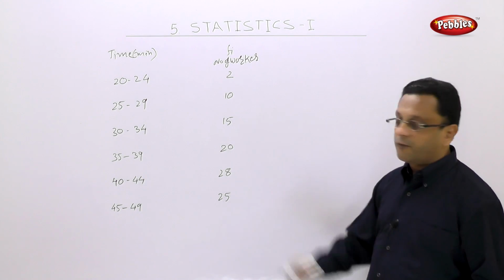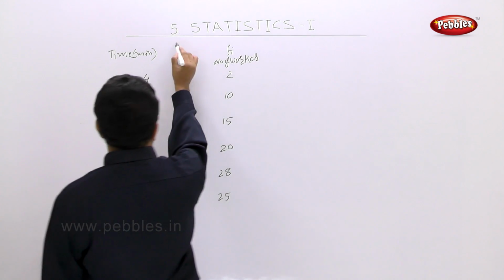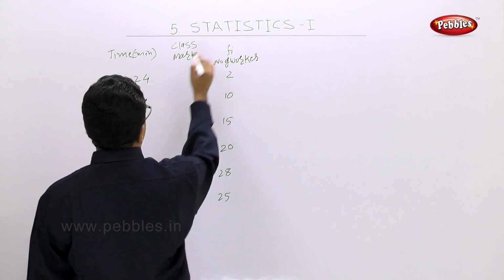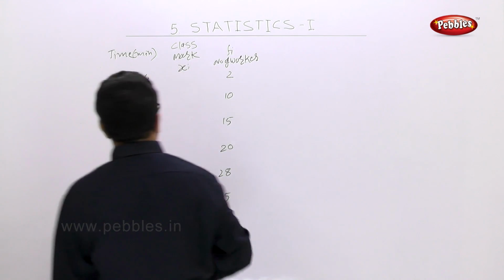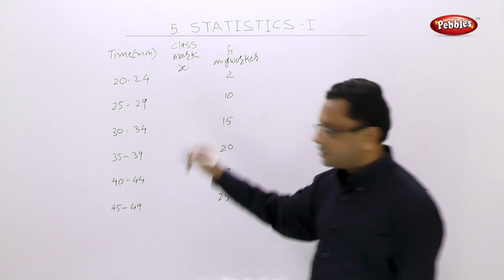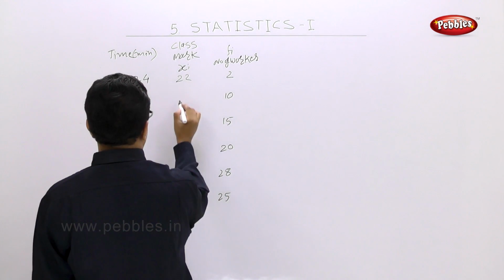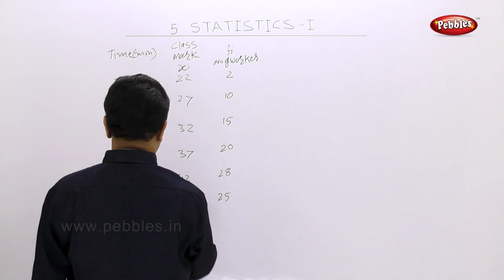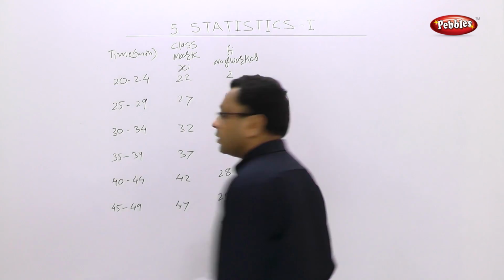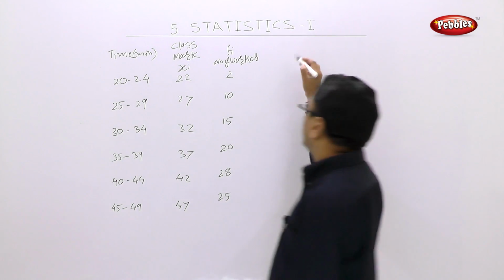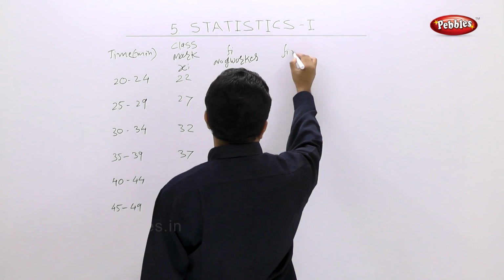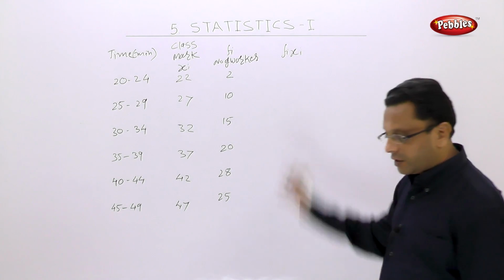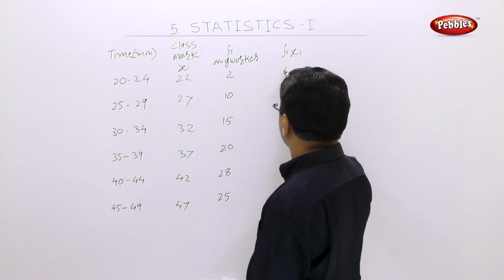What is the first step? We have to find out the class mark, that is xi. In this case xi is 22, 27, 32, 37, 42, 47. The next step is we have to find fi into xi. Quickly do the multiplication and find out the values. Check with me.